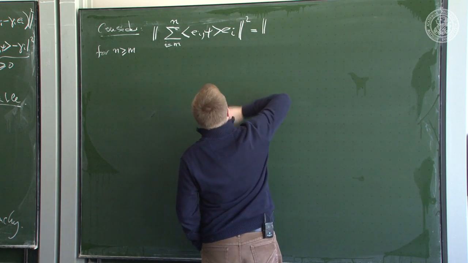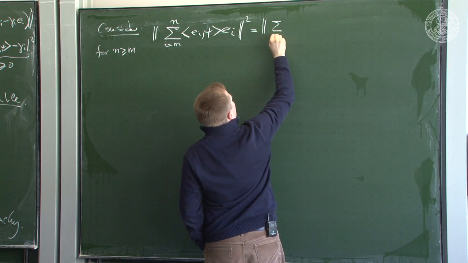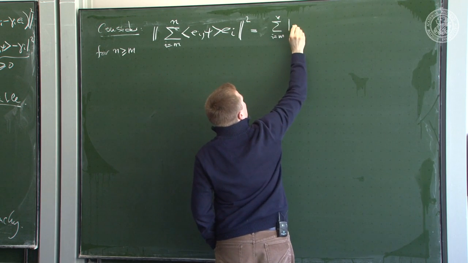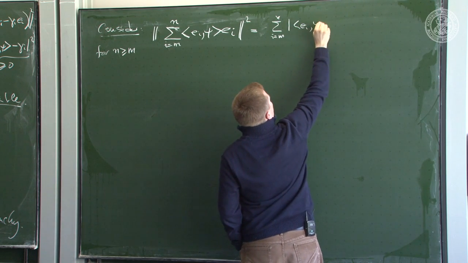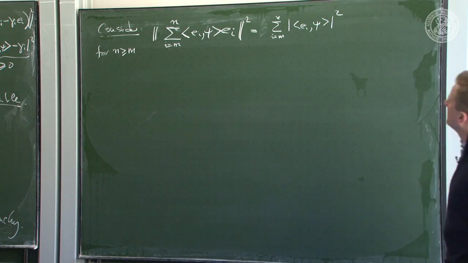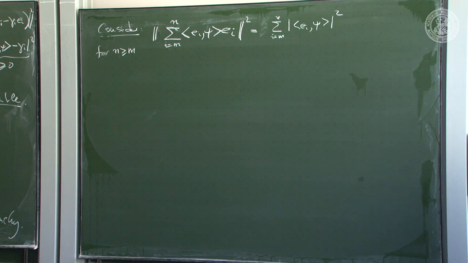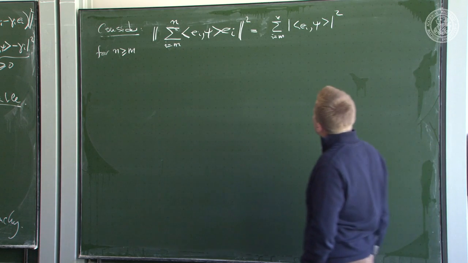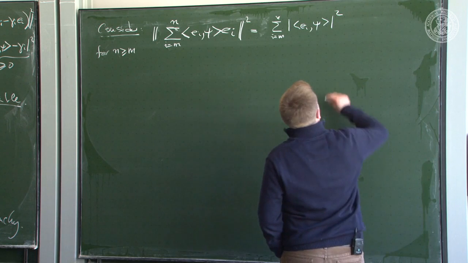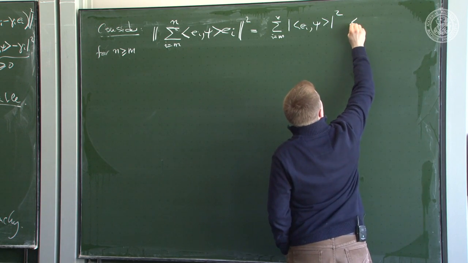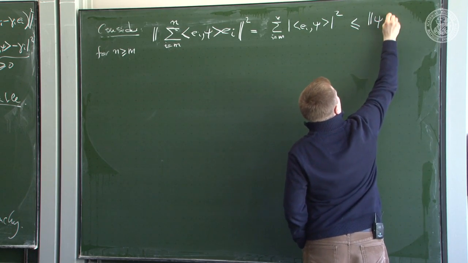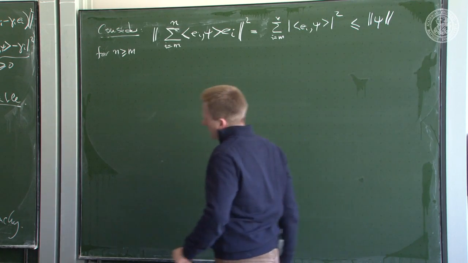Well, we know that this is the sum over i equals m to n of the absolute value of e_i psi, absolute value squared. Right? This is Pythagoras. There's no orthogonal part here. And we know that this is less or equal than the norm of psi squared.